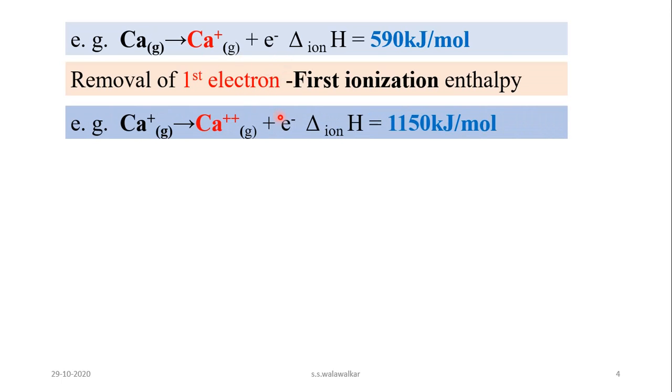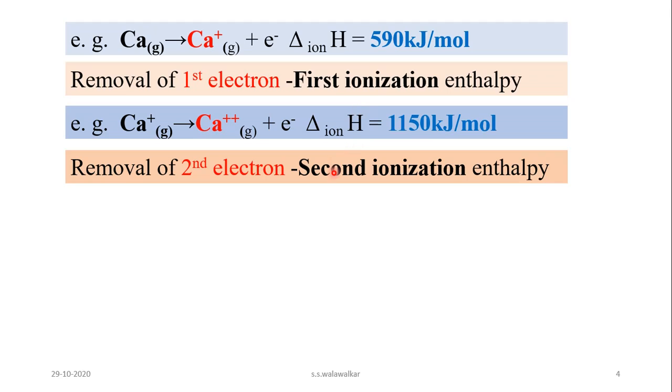When the second electron is removed from gaseous calcium ion to form calcium plus 2 ion in a gaseous state, the energy required is 1150 kilojoules. It is known as the second ionization enthalpy, as it is the heat energy required to detach the second electron from the monopositive gaseous calcium ion.